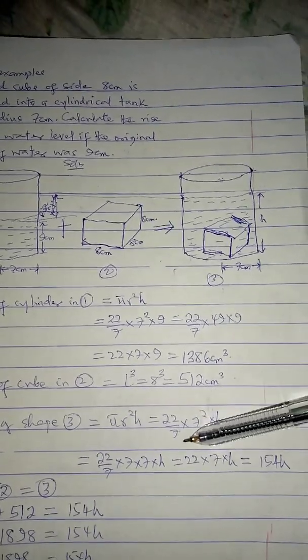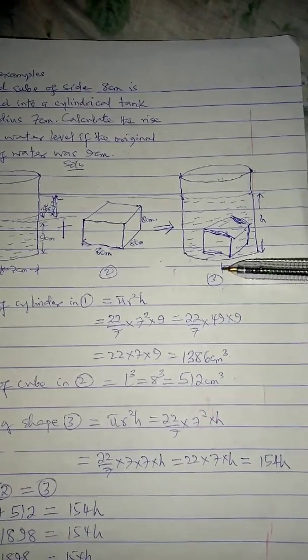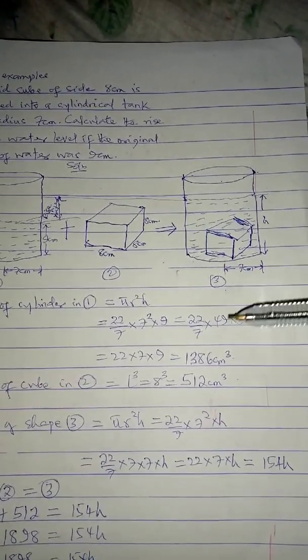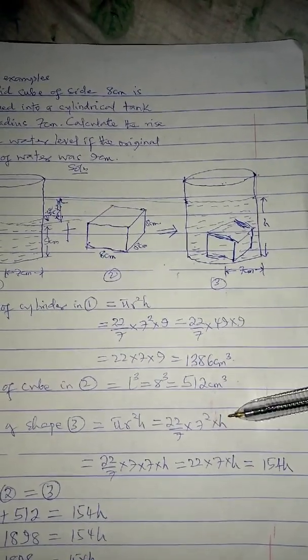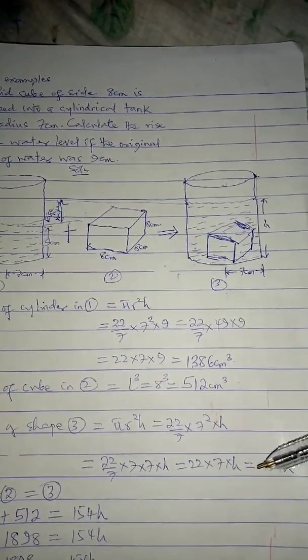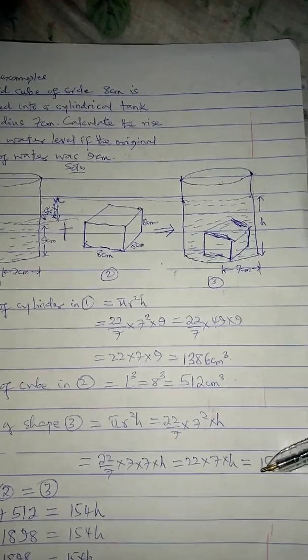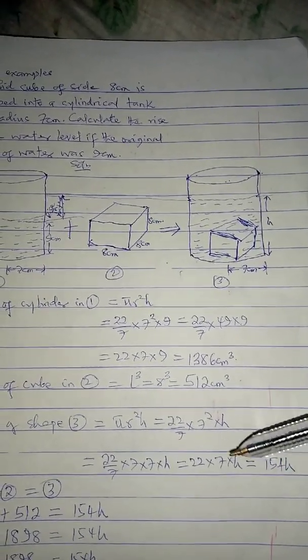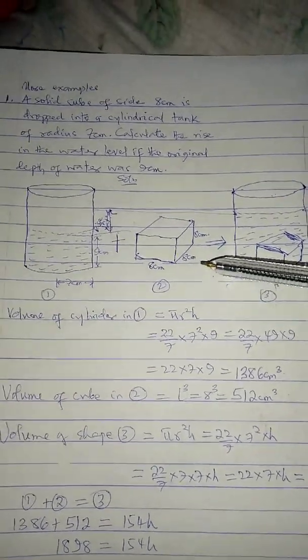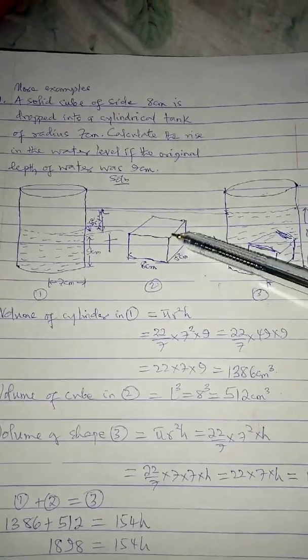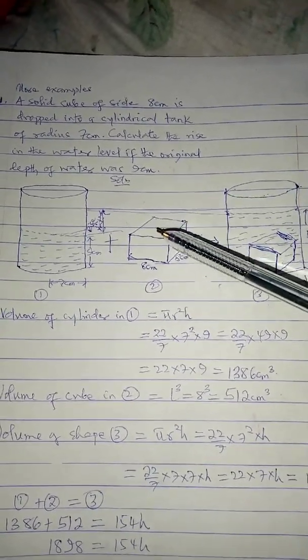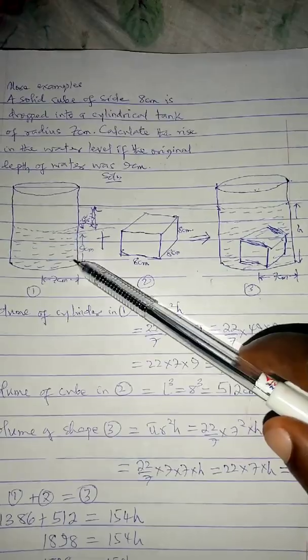That is 22/7 times your 7 squared. The radius of the cylinder will not change, but the new height is what we don't know. And that will give us 154 h.